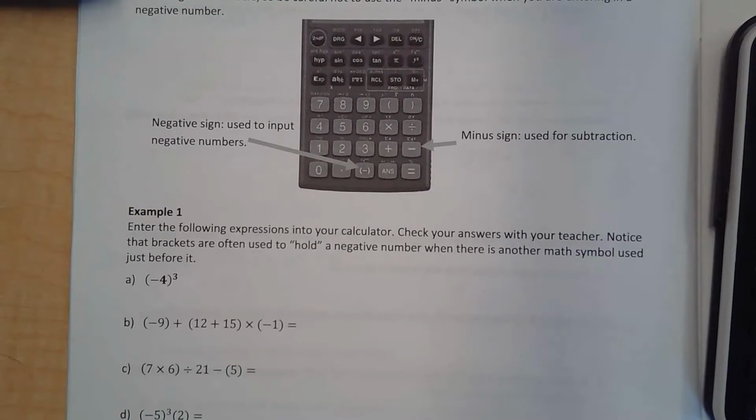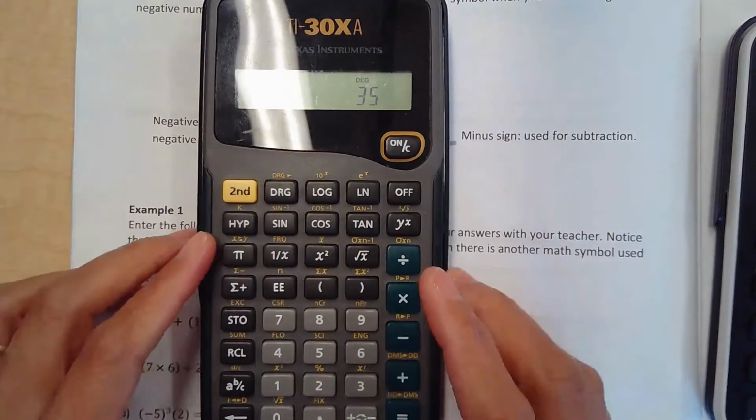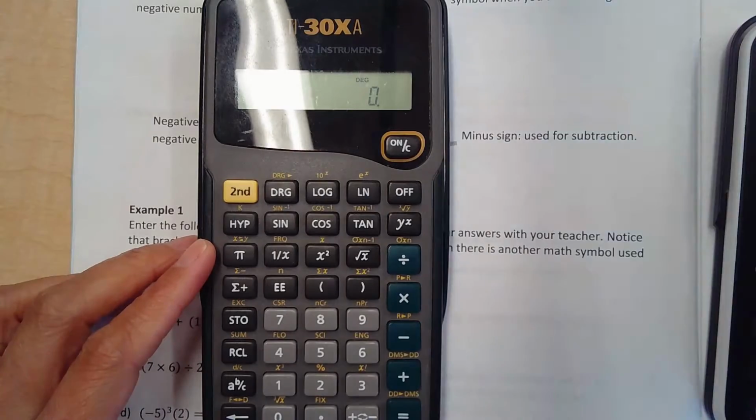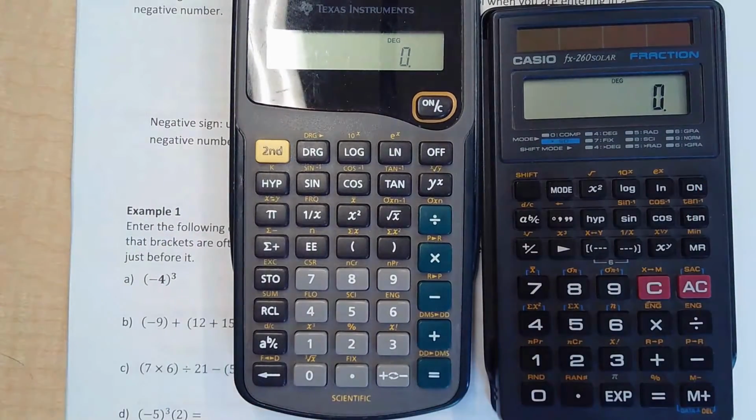Is there anybody who has a slightly different calculator? Okay, now you have a different calculator. Oh yeah, these two are kind of similar. So now if you type in -3, let's get used to our calculator first. This calculator, if you want to type in -3, watch.